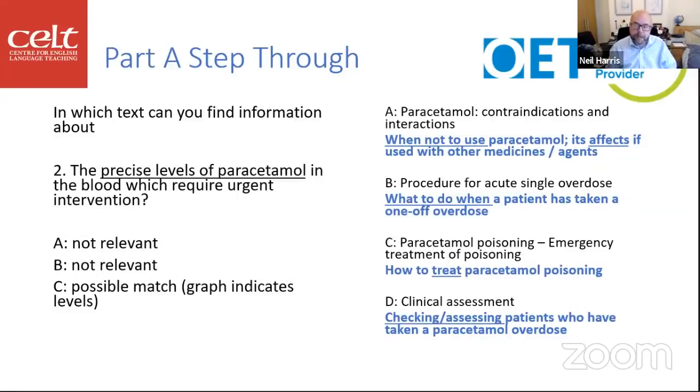Well, if you've glanced, and as many of us will do, at the text, you will realize that text C has lots of numerical information presented as a graph, and that would therefore appear to be a possible match because that indicates levels. But you might also reasonably think that, well, if we're looking at levels, it could potentially maybe be D as well.